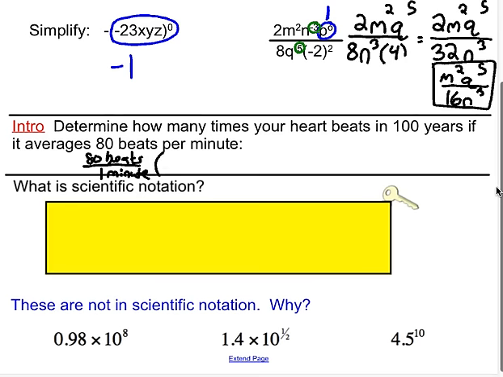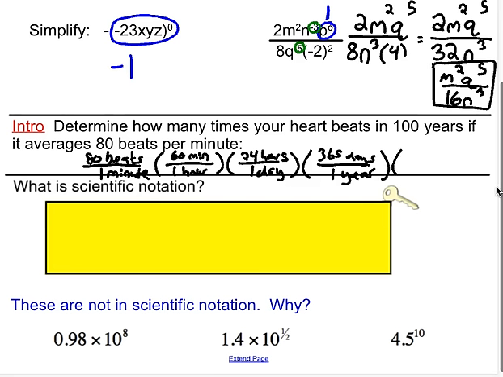So here, I'm going to convert minutes. There are 60 minutes per 1 hour. There's 24 hours in 1 day. There are 365 days per 1 year, and we're talking about 100 years.